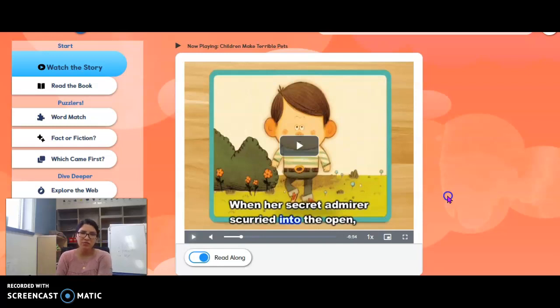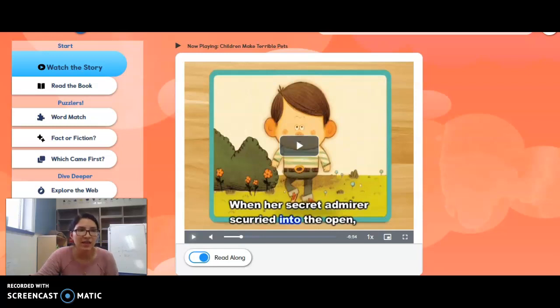I don't really hear the word me, my, or I. I know we just heard the word I a minute ago, but we've mostly been hearing about Lucy and different things that are happening to her. We heard the word she and her, and I keep referring to Lucy. So whoever is telling this story, Children Make Terrible Pets, is not in the story, are they? No. So this is an example of third person point of view.